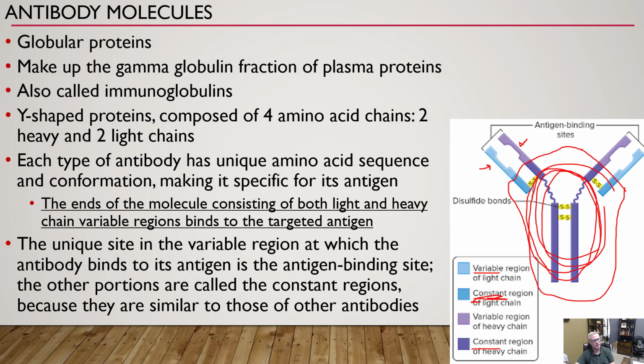And then this area outside the circle is what makes the antibody unique for each different type of antibody. And you can see the heavy chains versus the light chains. So we have two heavy chains and we have two light chains.